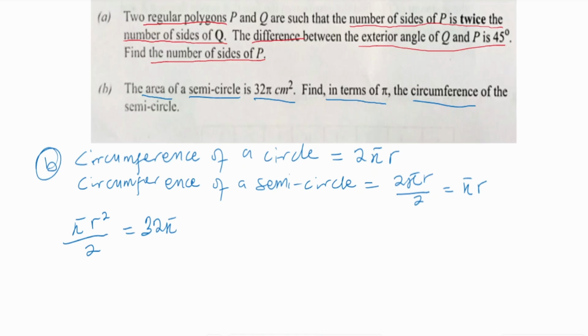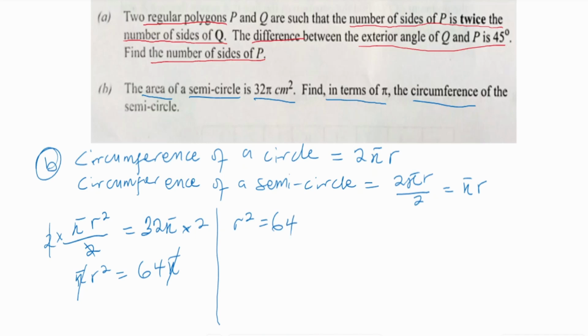So simplifying this, we're going to multiply both sides by 2, and these ones go away. So we have pi r squared to be equal to 64 pi, right? Both sides have pi, so the pi's cancel out, or dividing both sides by pi, we're going to have r squared equal to 64.